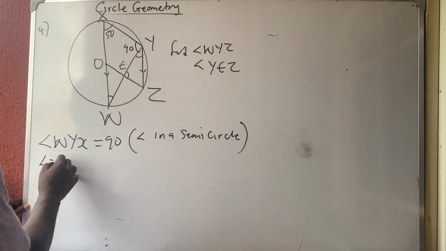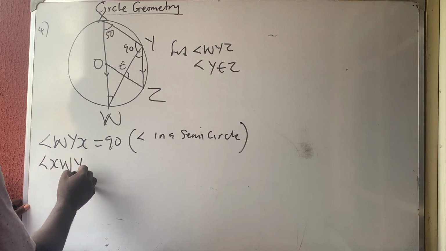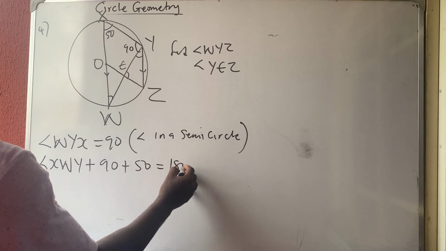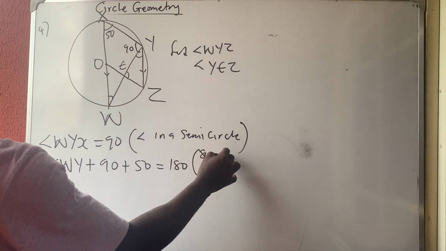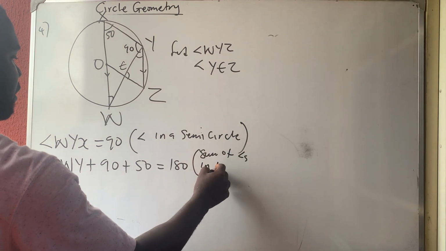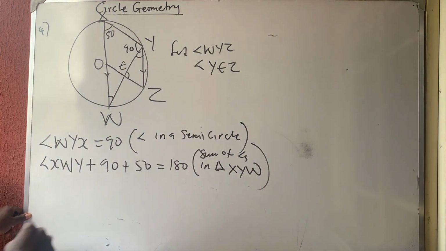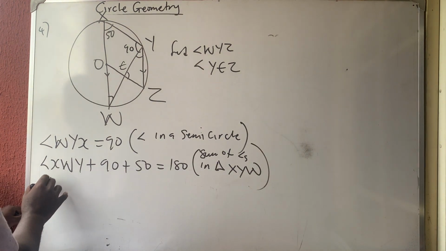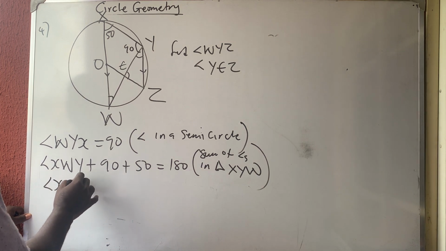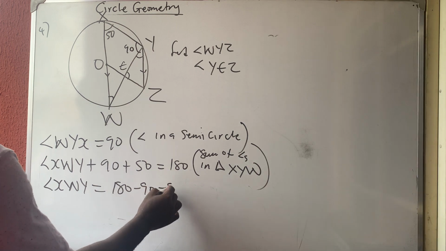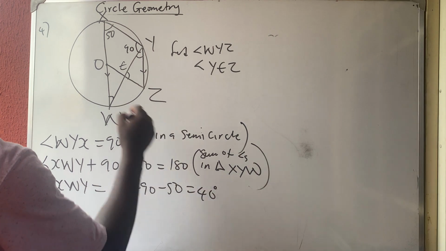Angle XWY plus that 90 plus the 50 is equal to 180. What's my reason? Sum of angles in triangle XYW. So angle XWY is now equal to 180 minus 90 minus 50, which is equal to 40 degrees.